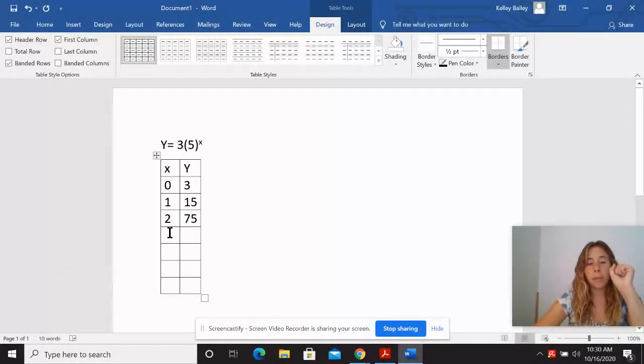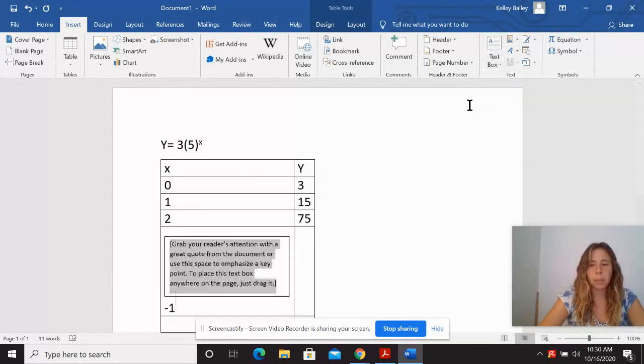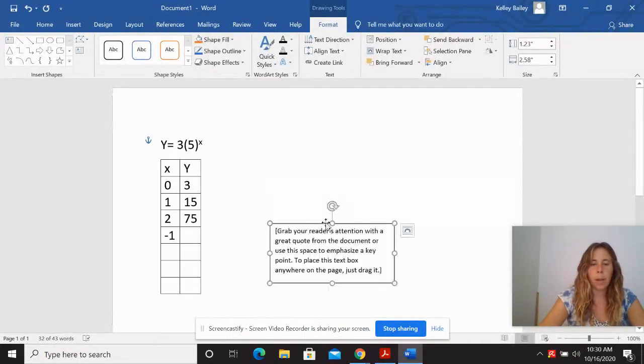What if, I don't know if I should do it, but I'm going to do it anyway. What if I put in a negative number? Does anyone remember what you do when you have a negative exponent? Hold on. Insert text box. Okay.